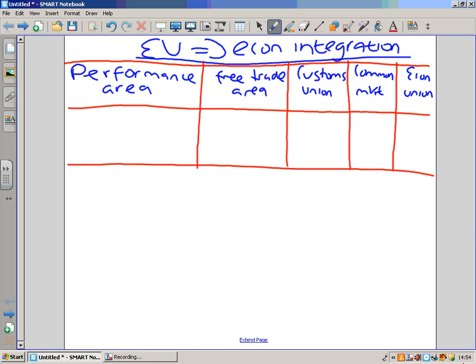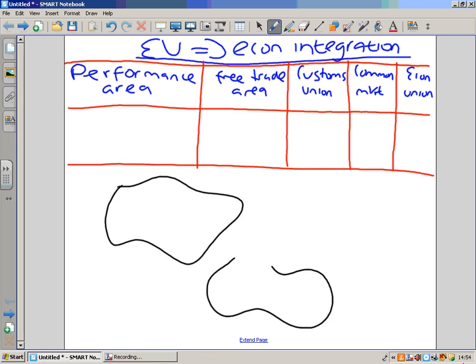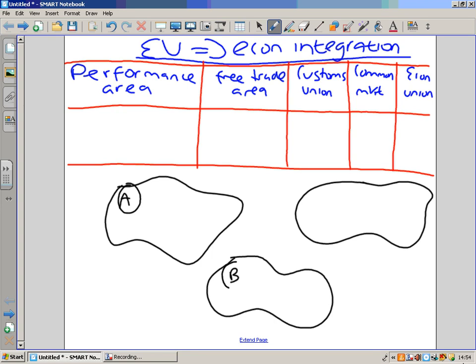So for this, what we're going to assume is we have some different countries. Call this one country A, this one country B, and this one country C. I'm going to assume that we can make 2 different products.